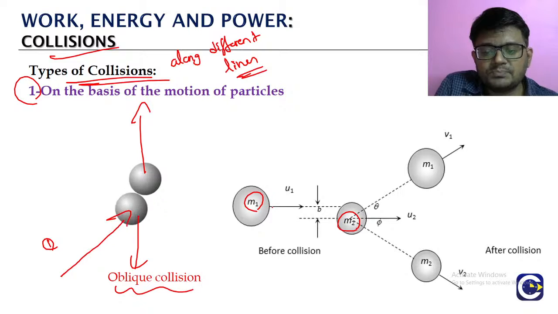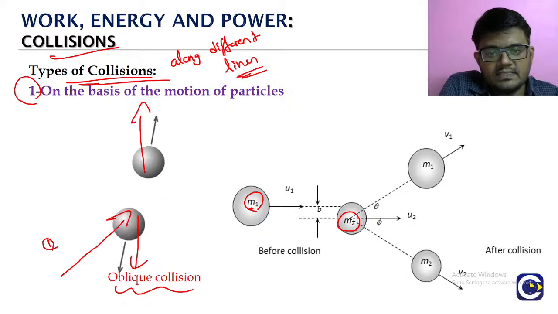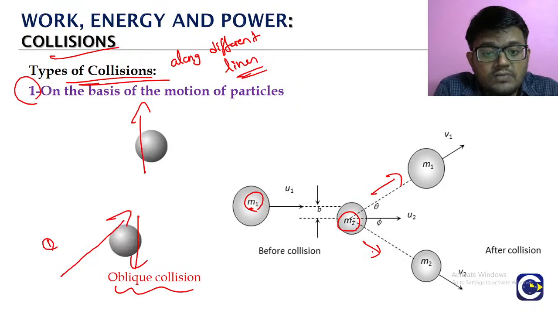If these centers are not aligned in the same direction, so this is the center line for the m1, and this is the center line for the m2. If their center lines or the lines of motion are not aligned, you will see that after the collision, generally the motion will happen in different lines.